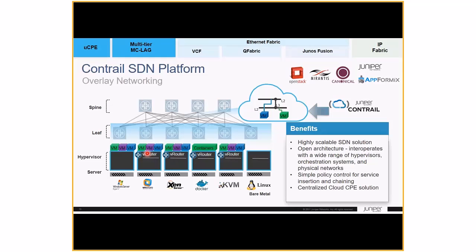So tunnels will go in between servers. An example is the purple VM being able to talk to a purple VM, which is perfectly fine even though they're on different servers. The Contrail Networking component will allow them to connect together seamlessly. Here in the little diagram that you see, we have a green and a blue. Well, those can never talk to each other without a policy that links them together.